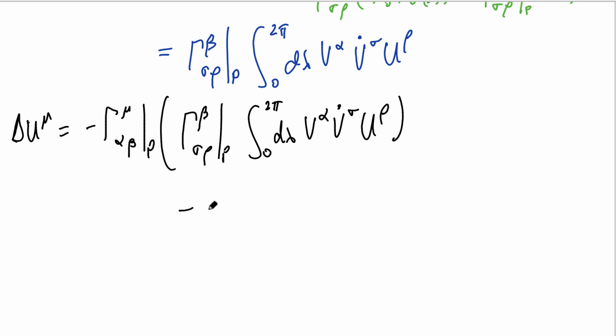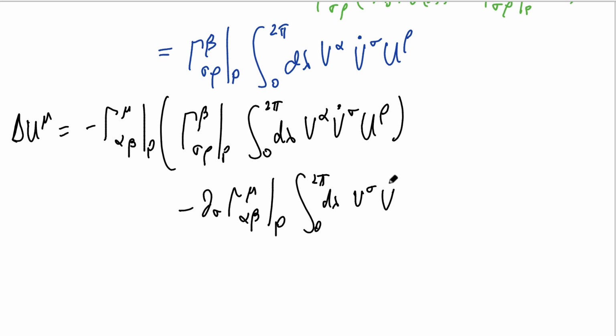And then we also had the term minus partial sigma gamma mu alpha beta evaluated at point p times the integral from 0 to 2 pi of d lambda times v sigma v dot alpha u beta. Now notice both of these terms have a factor of the integral of d lambda v dot u, but the indices are scrambled between these two terms.